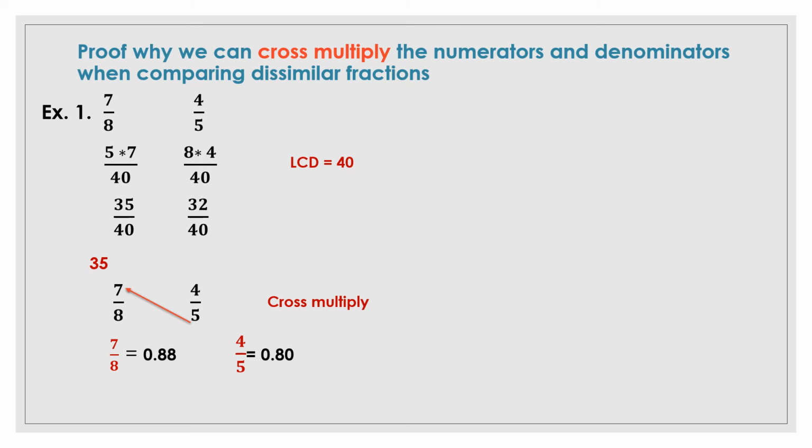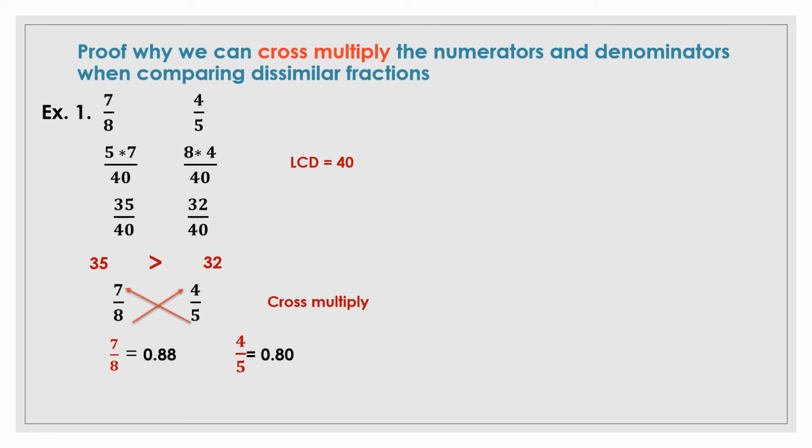So, this is another technique na pwede natin gamitin aside from converting the fractions to its decimal equivalent. So, ito naman na 8 times 4 ay 32. So, 35 is greater than 32.